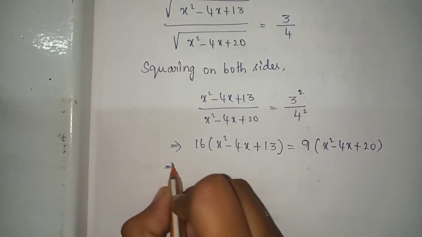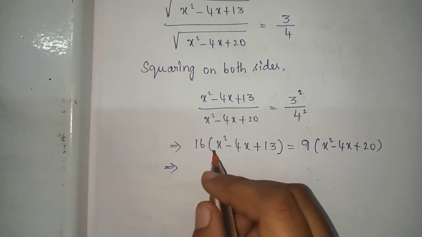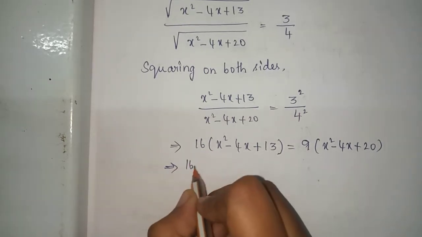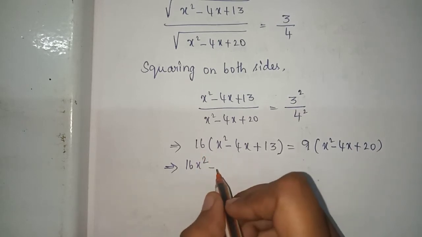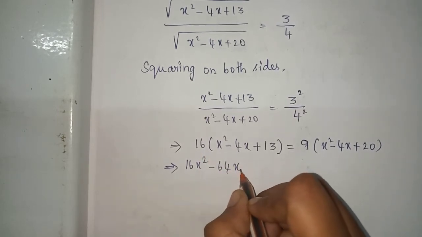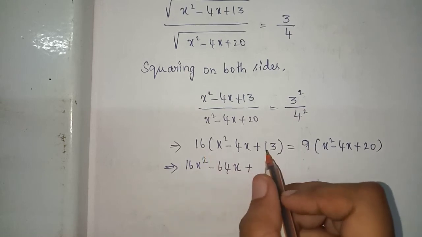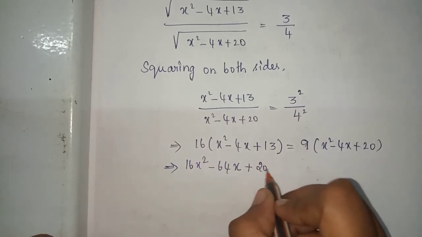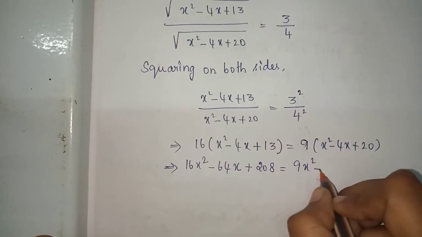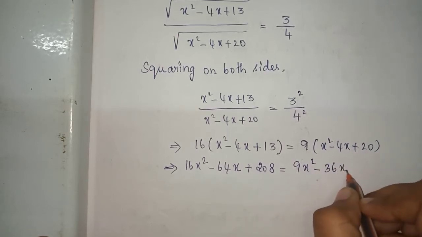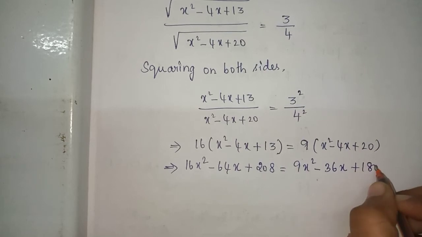So next step, you have to multiply. 16x square minus 16 into 4 is 64x, plus 16 into 13 is 208, which is equal to 9x square minus 36x plus 180.